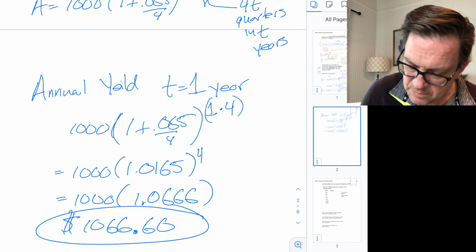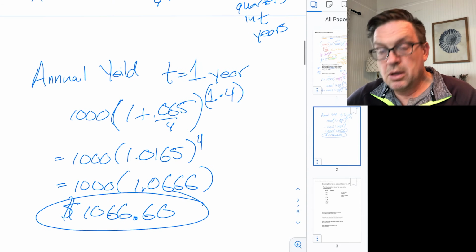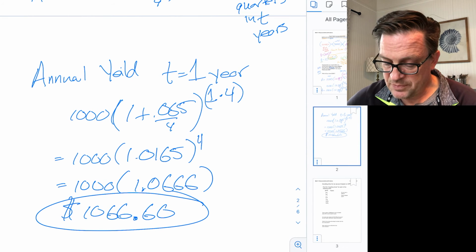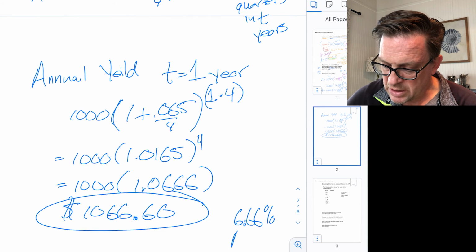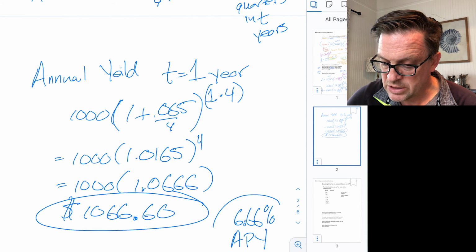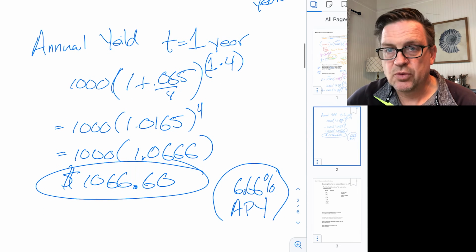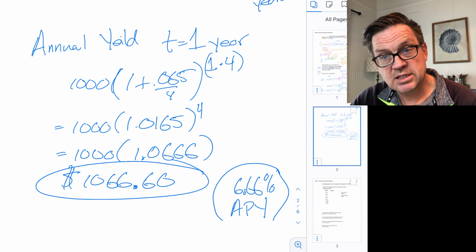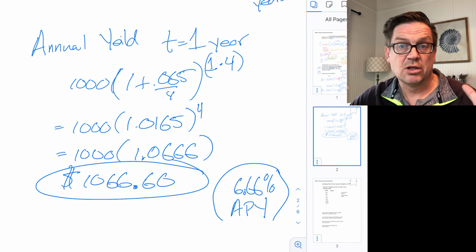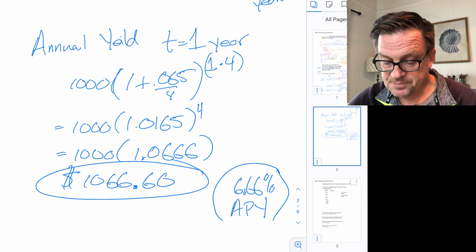I rounded a little bit. But my percentage increase is 6.66% annual APY, annual percentage yield, right? So they offered me 6.5% interest, but because they compounded a little bit more often, at the end of the year I end up with a little bit more than that.